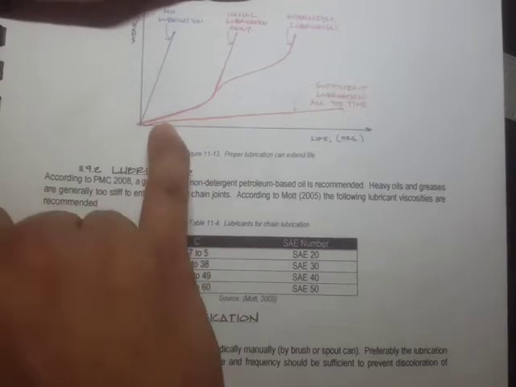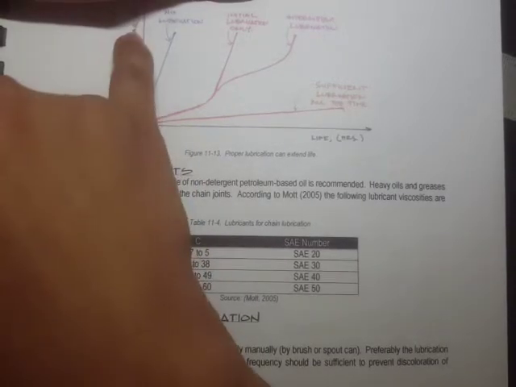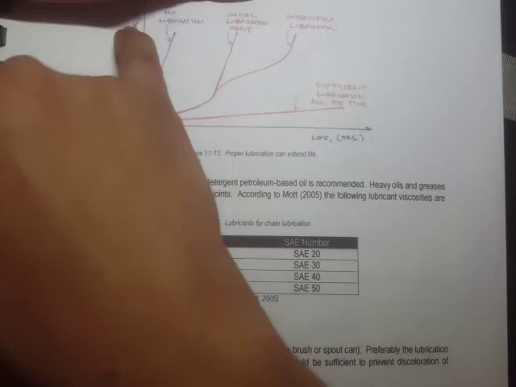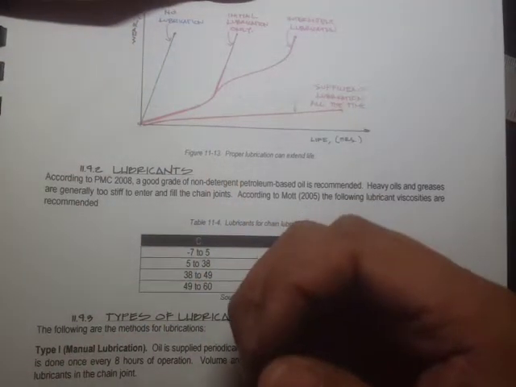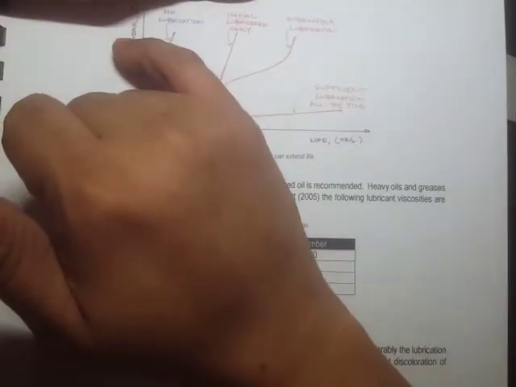So it will not last long, and there is a lot of wear because there's a lot of friction, wear and tear simply because of the friction between the surfaces.